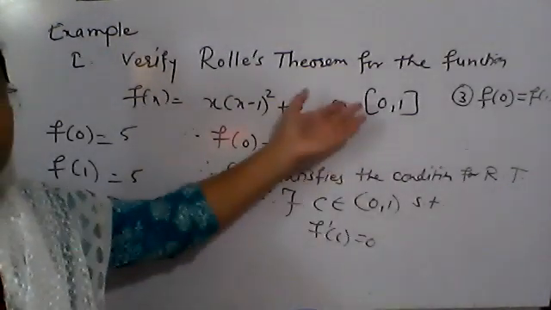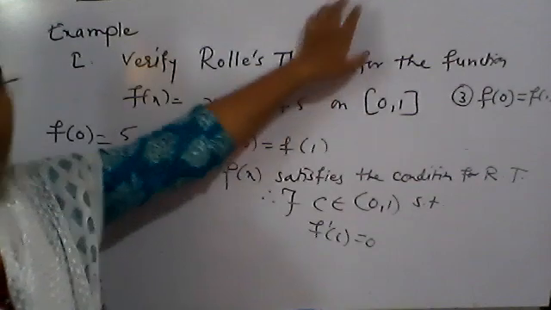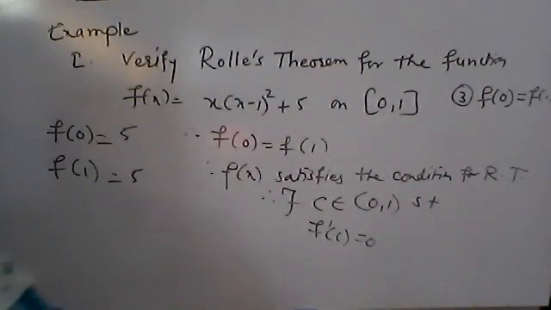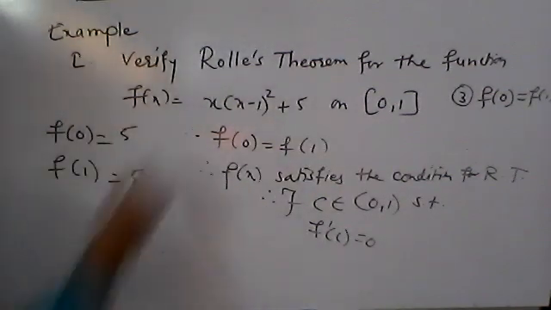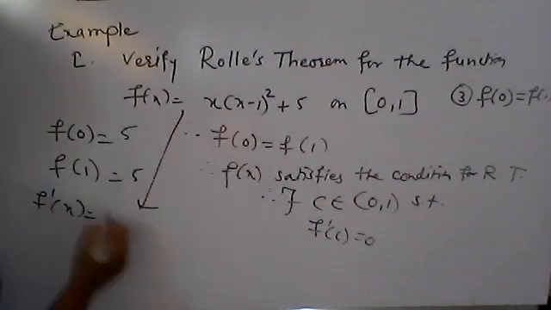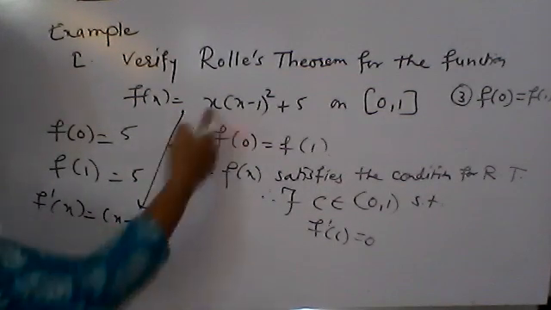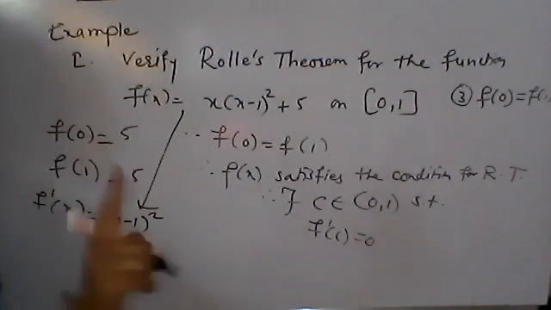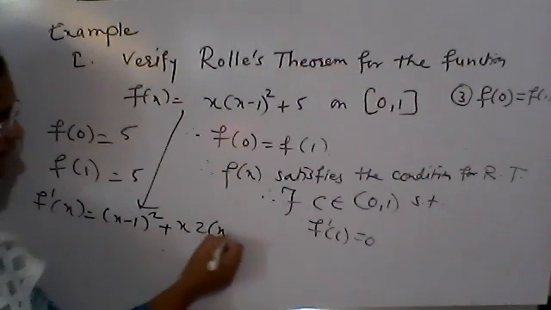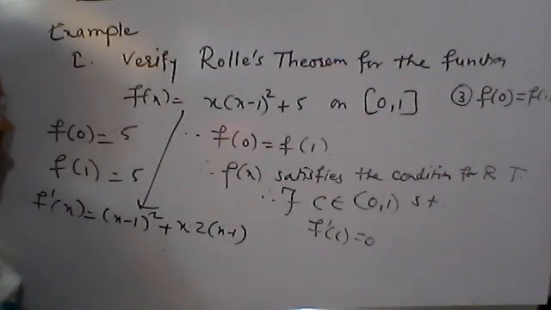Now we'll find the derivative. If you want to take this polynomial, you can take that also, and you can consider this also. So what is the derivative at C? Now here, by using the product rule, we'll find the derivative of f. f dash x is second function constant, x minus 1 whole square. Derivative of first is 1 plus x constant. Derivative of this will be 2x minus 1. है ना?